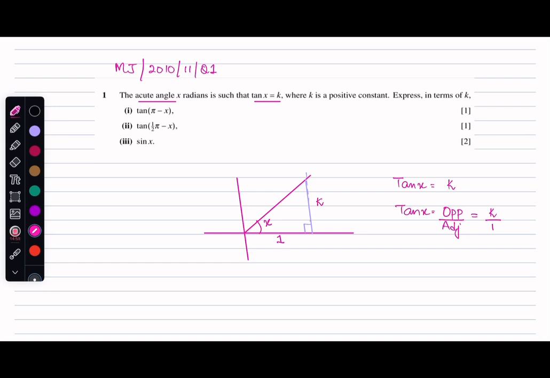With respect to this triangle, I can very easily find the hypotenuse. I can say it's h, which equals the square root of perpendicular square plus base square. I have the perpendicular and the base, so I'll substitute the values: k square plus 1 the whole square root. So my hypotenuse here is square root of k square plus 1.